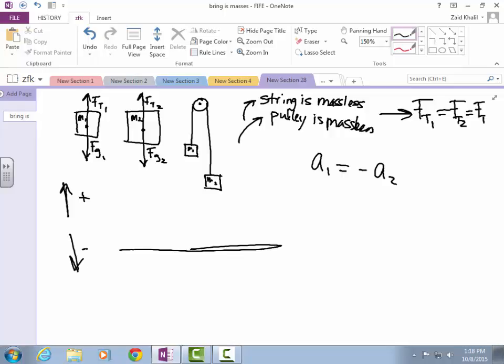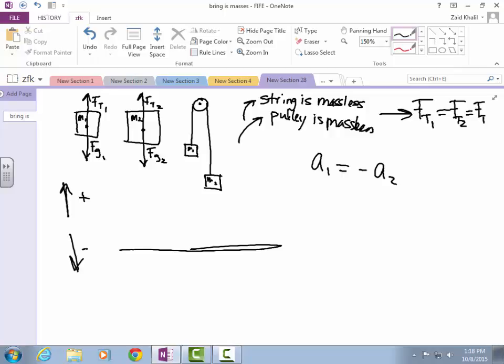Why? How'd you get that? Okay, but give me a physical explanation. Give me physically what the sequence would be to show that. Let M2 be much, much greater than M1.